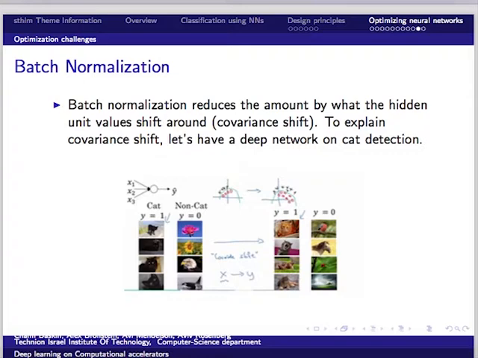Think that in our training set we have a lot of cats that have a black color. In this case, if we do not add batch norm, we will not classify well cats that have other colors.